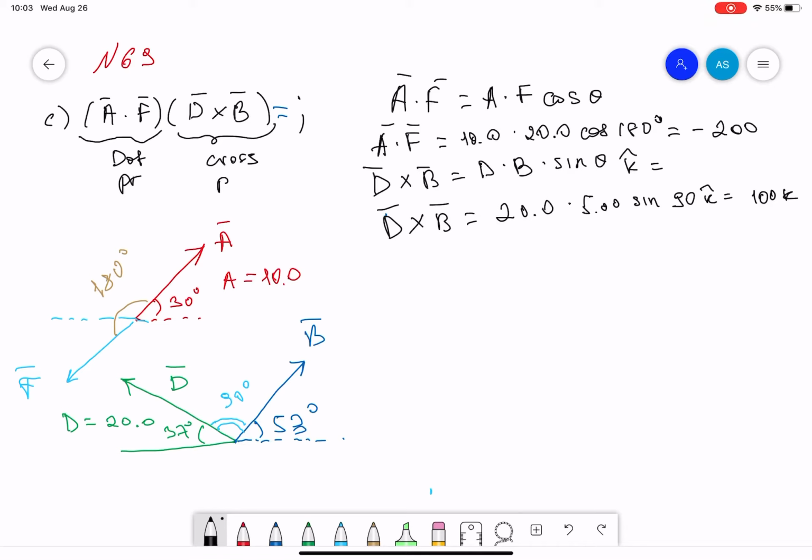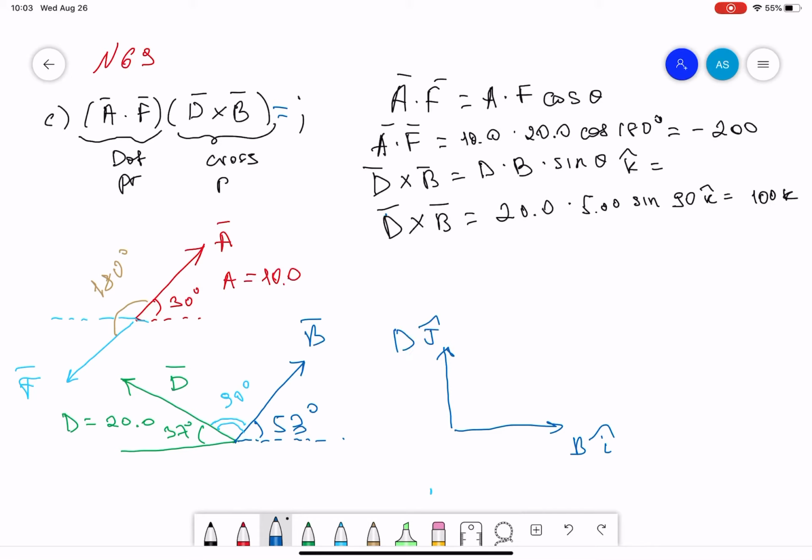Since our b and d are not exactly on the x and y axes, suppose our b vector was exactly on the i vector, and our d vector was exactly on the j vector.